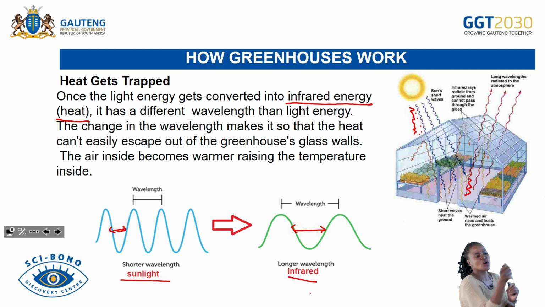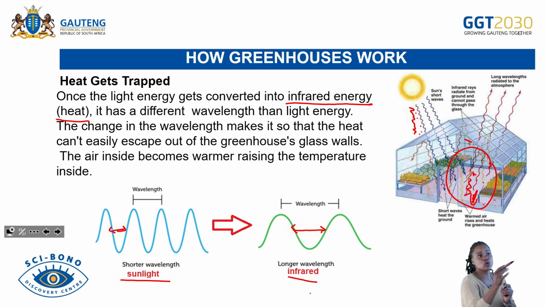It is because when the wavelengths are longer or bigger, they won't be able to do what? To escape. The heat won't easily escape the greenhouse. In other words, much of the heat will remain inside what? Inside the greenhouse. And that will increase what? The temperature inside the greenhouse, because more heat has been absorbed.